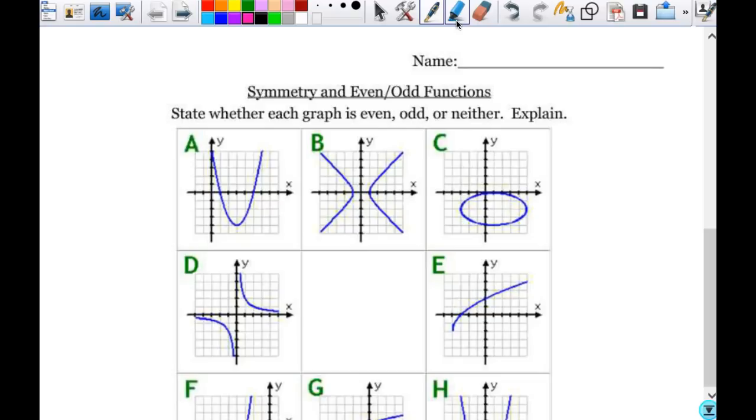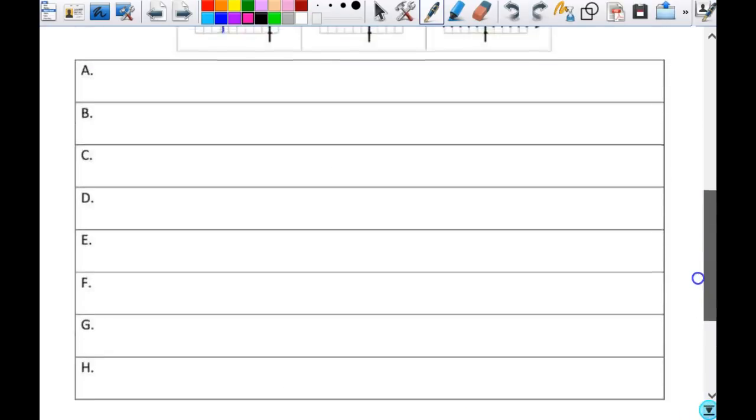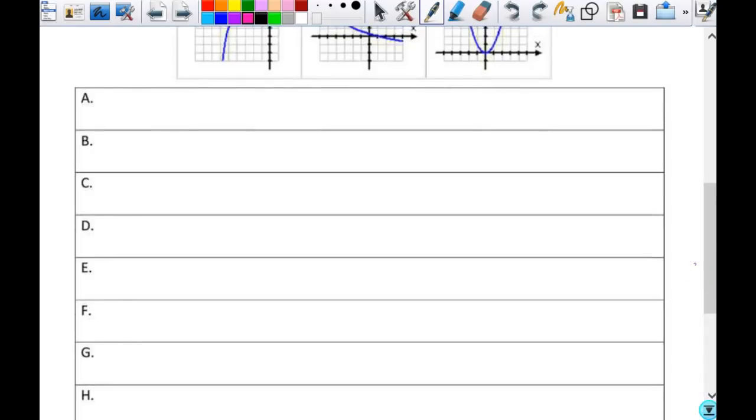Does it have line symmetry or rotational symmetry? Line symmetry. All right. And so here is the line of symmetry. Is that line of symmetry the y-axis? No. So is it even, odd, or neither? Neither. So in A, we're going to put neither.